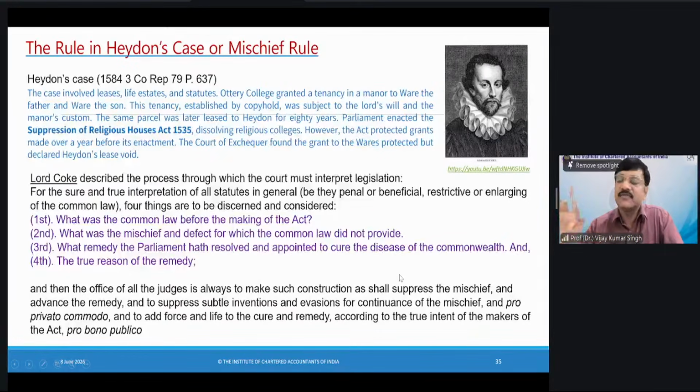Simply, if you have to understand, all legislation comes up with some problem and solution. You have to see what was the problem, what was the situation before, and whether the law solved the problem or not. If it is not solving the problem, then the court will give an interpretation to solve the problem by way of the legislation.